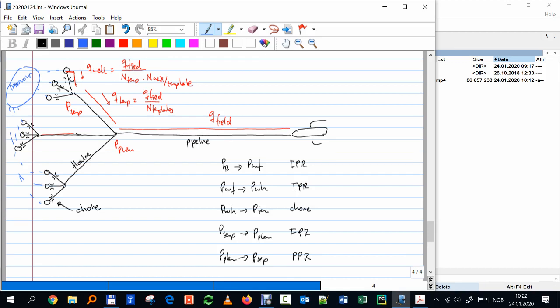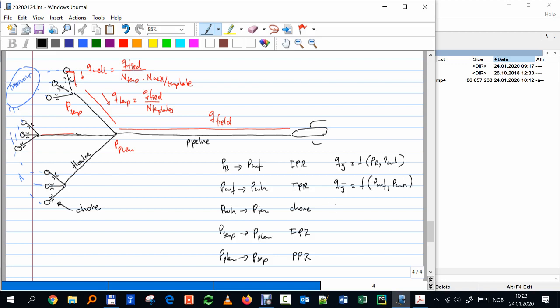So the equation IPR tells me a function between Q gas at standard conditions, remember, as a function of PR and PWF. The TPR gives me, again, the rate as a function of PWF and P wellhead.